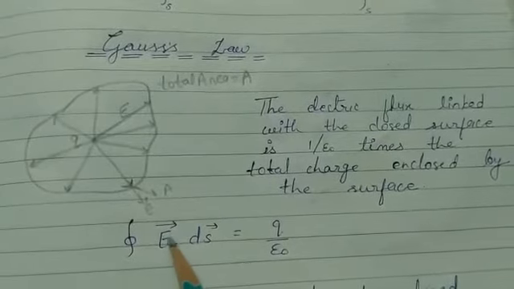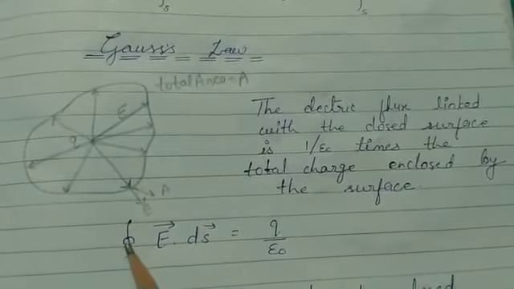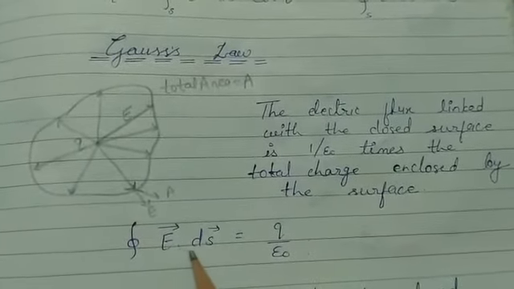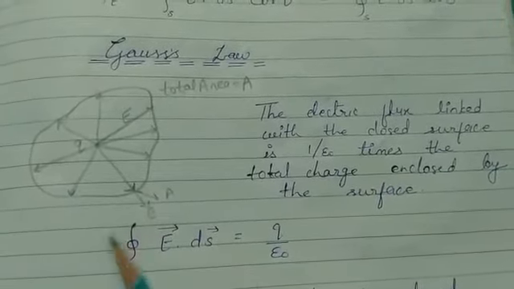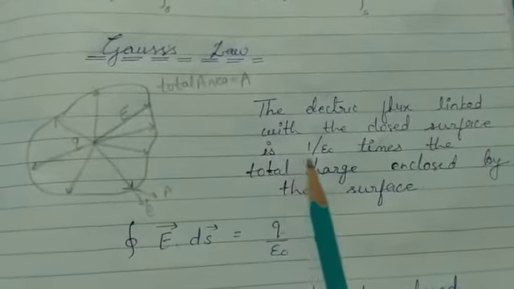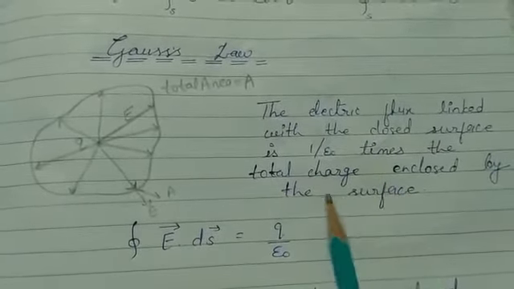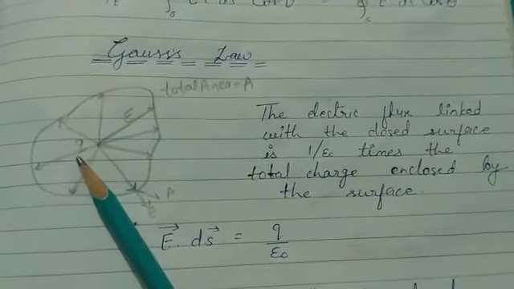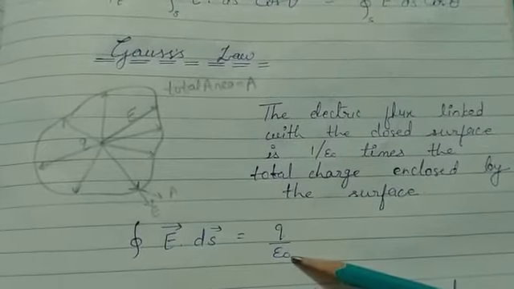Circle integration of E into ds, because the closed surface is there, so the circle will be there. So circle integration of E into ds, that is the flux linked to the closed surface, is 1 upon epsilon naught times the total charge enclosed by the surface. The total charge here is q, so 1 upon epsilon naught times q is q upon epsilon naught.